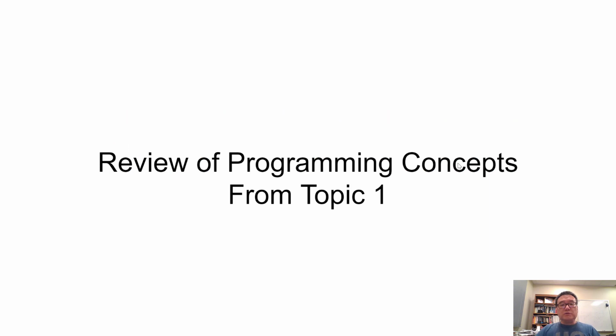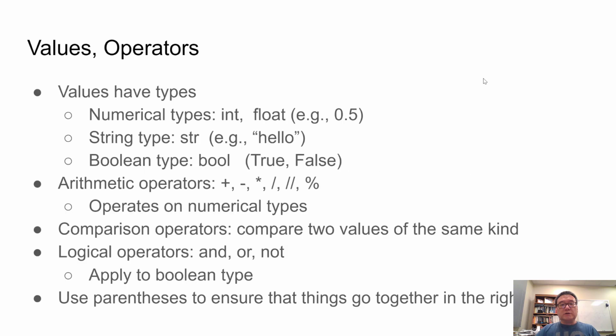So first, we're going to review the syntactic elements of Python that we've covered from topic 1. We have values. Because we use programs to compute, when we compute, we get values, and there are different types of values. There is the numerical type.